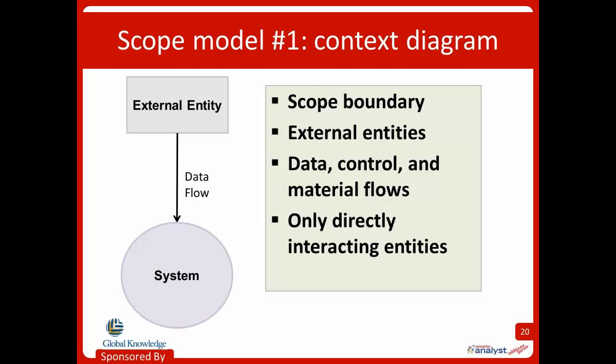The idea, though, is you're showing data flowing across these lines. Now, this model only shows entities that interact directly with your system. It's a very important distinction between this model and the next model I'm going to show you, so I'll touch on that when I get to it. Just hold on to that thought for a minute, that this model is really just, here's my system and the things that directly interface to it.